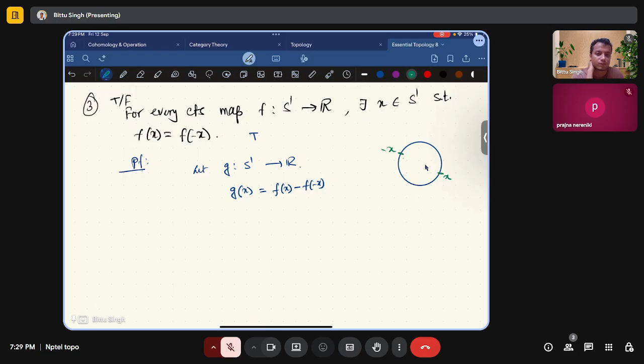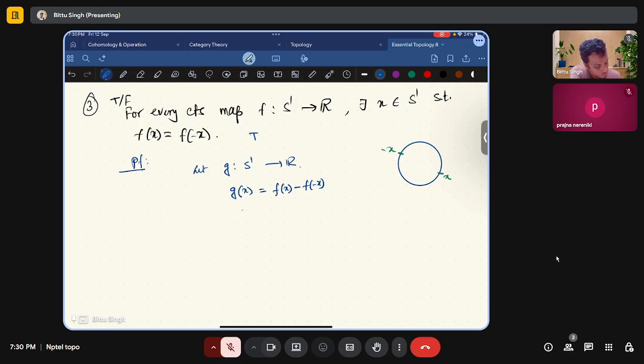So the theorem says whatever continuous map we choose, there exists a point and its antipodal point such that their images are the same. This is the property. This generalizes to higher dimensions also, but we will only see the case S1 to R. The proof is different for higher dimension.